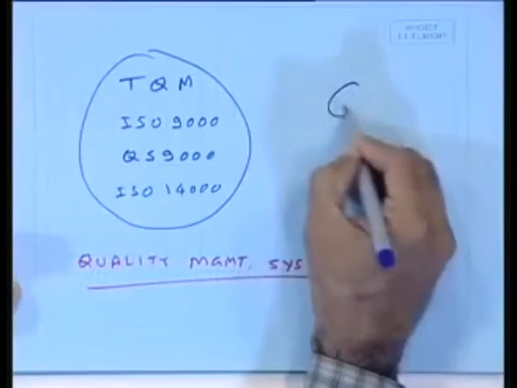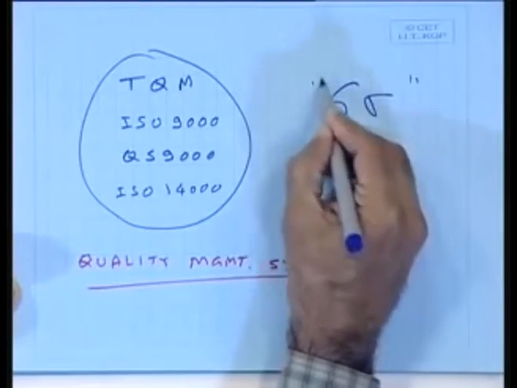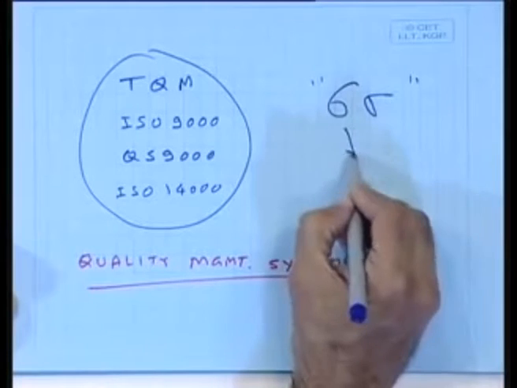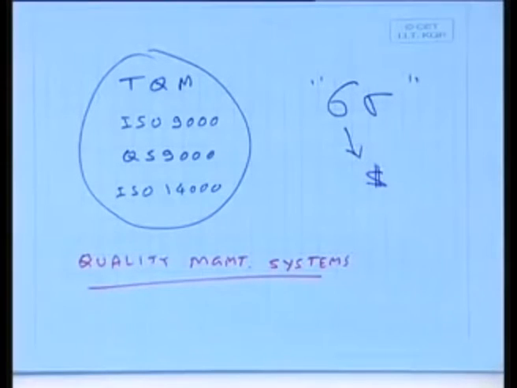Then of course, a big problem came along. People started saying, how do we change things then? How do we really impact that bottom line? That is when the Six Sigma movement came along. And you will see as we go into this, Six Sigma is a procedure that really has an impact on the bottom line, which is dollars. Because Six Sigma is conceived, planned, implemented, and executed in a special way.